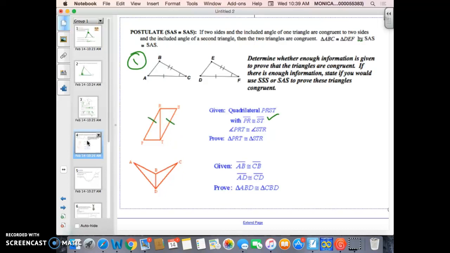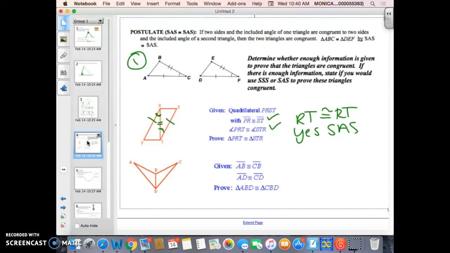Angle PRT, so PRT is this angle here, and angle STR, which is this angle here, are also congruent. Can we prove that these two triangles are congruent? Well, yes, we can, because you can also see this overlapping side, and with the reflexive property, you can say that RT is congruent to RT. So yes, we can say because of SAS, these two triangles are congruent.